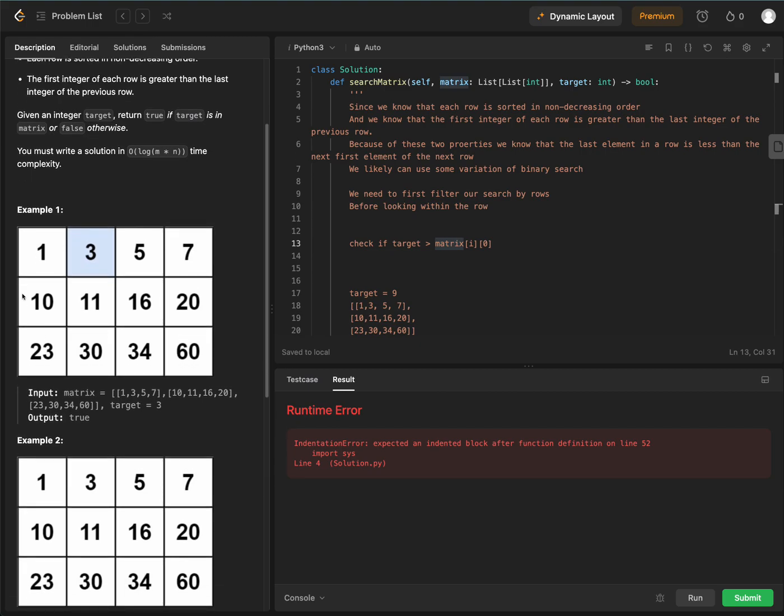So what we want to do now is, we definitely want to filter our search by rows, before looking within the row.